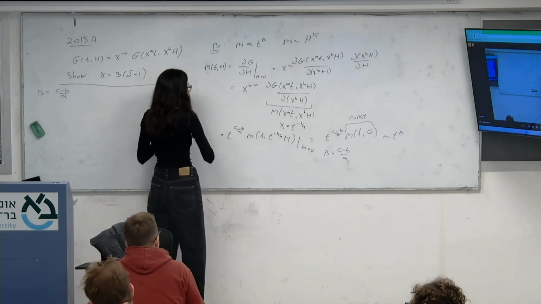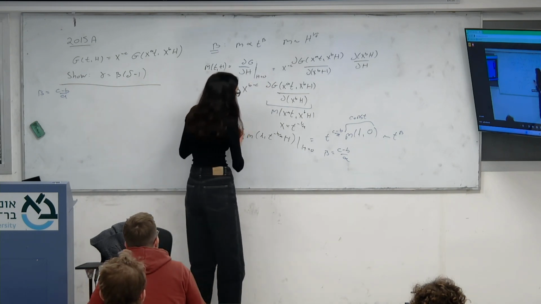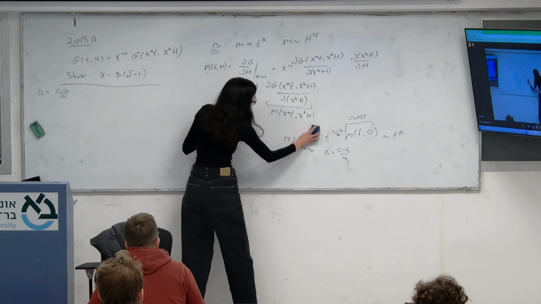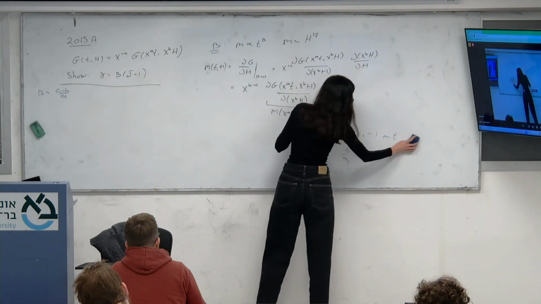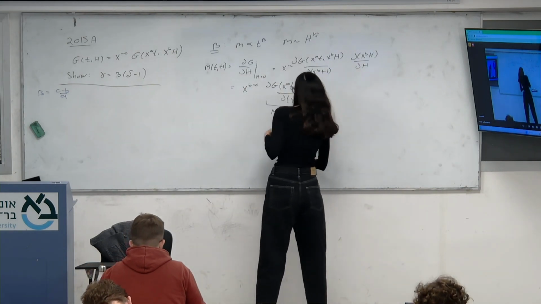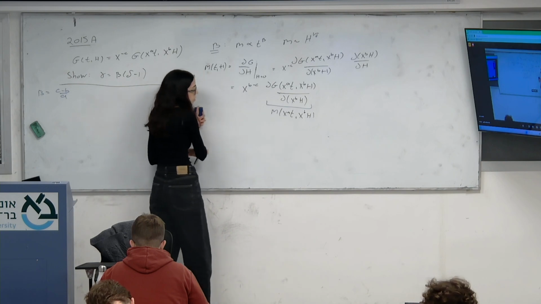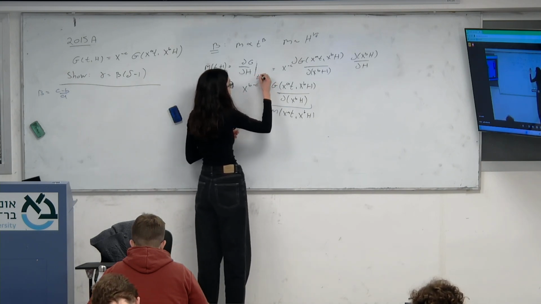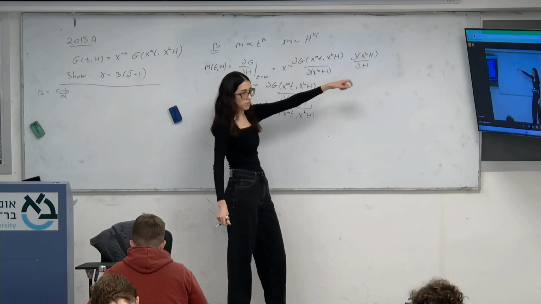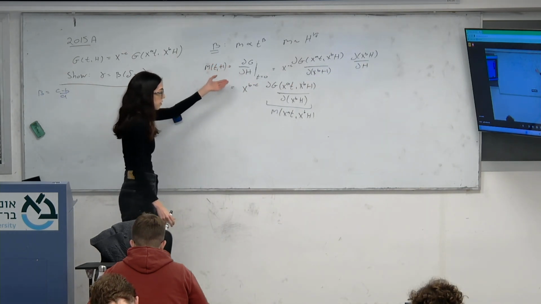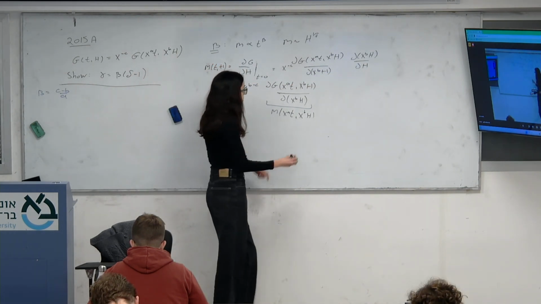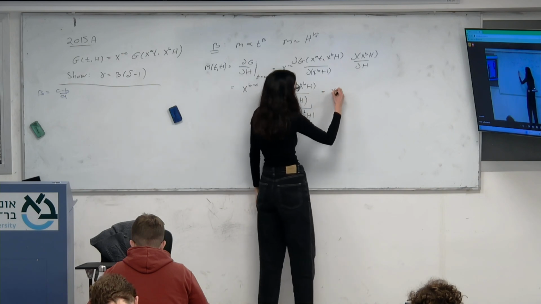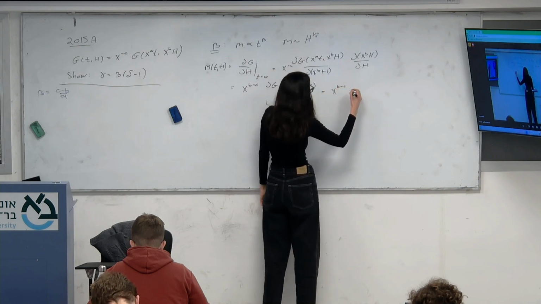So let's erase just the last part. The derivative is the same derivative because we still take the derivative over the magnetic field. So this is x^(b-c).